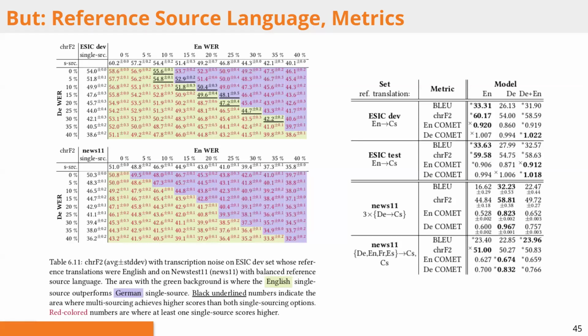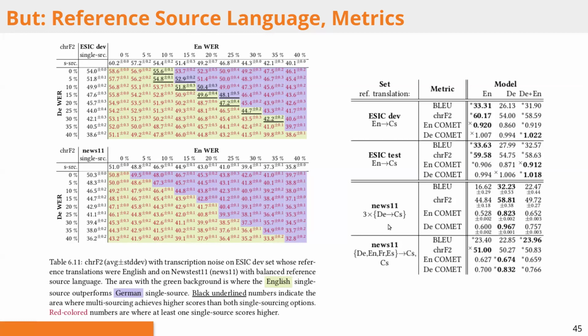And we also investigated other metrics, and we also noticed the effect of the source language of the reference. So here we can see the results with character F scores on the ESIC. On the ESIC test or dev set, the reference is the translation, and it was translated originally from English. While here on the News set, the reference originates from 5 languages and it's balanced, so it doesn't favor English.